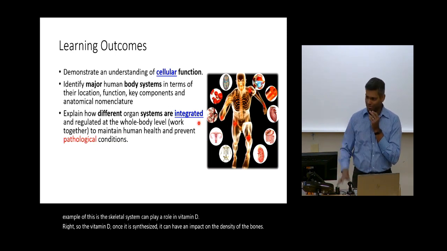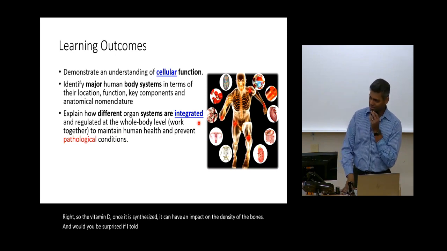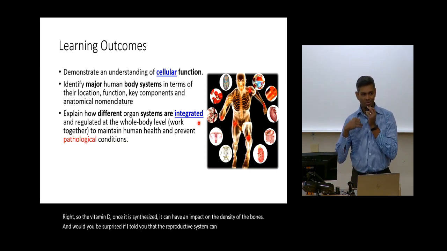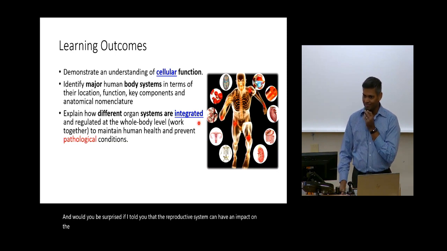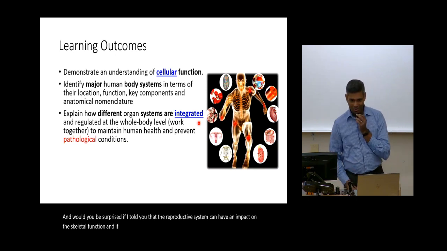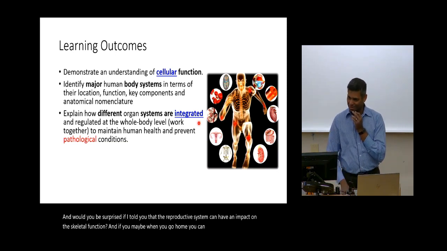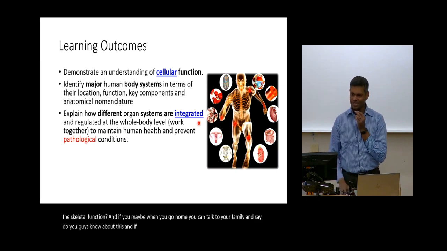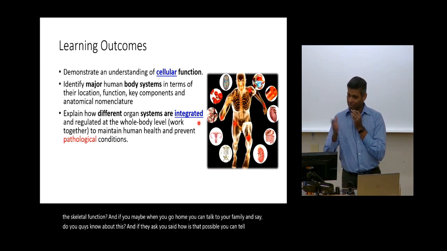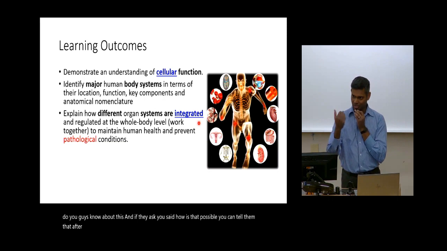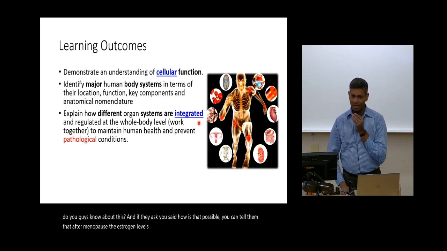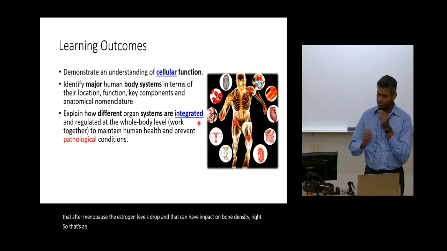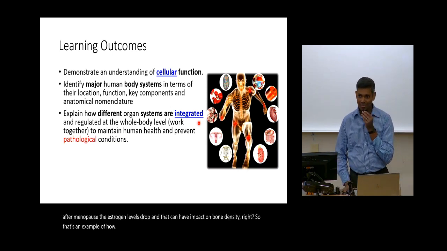And would you be surprised if I told you that the reproductive system can have an impact on the skeletal function? Maybe when you go home, you can talk to your family and say, do you know about this? And if they ask, how is that possible? You can tell them that after menopause, the estrogen levels drop, and that can have an impact on bone density, right? So that's an example of how the organ systems are integrated, right?